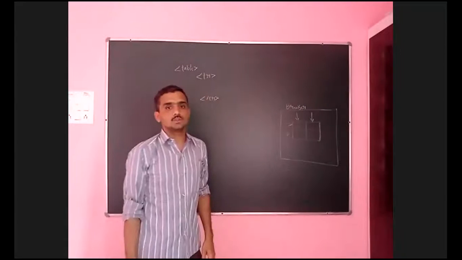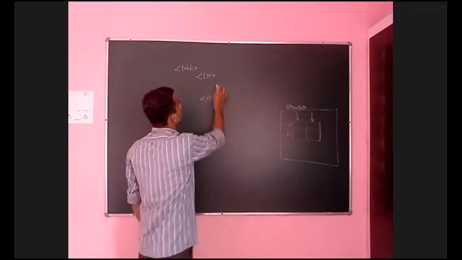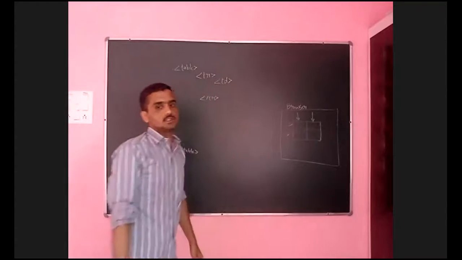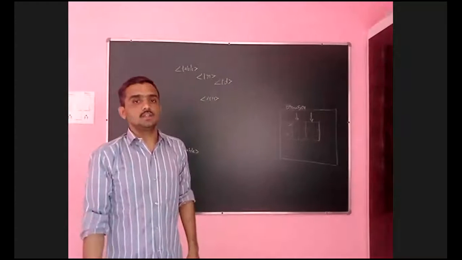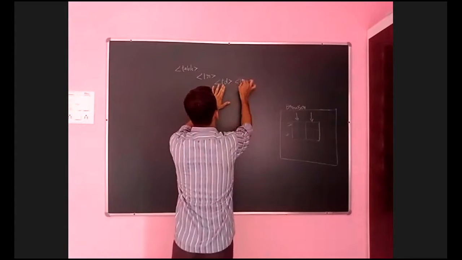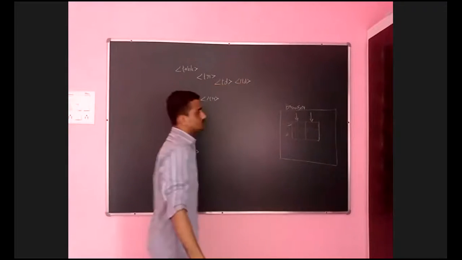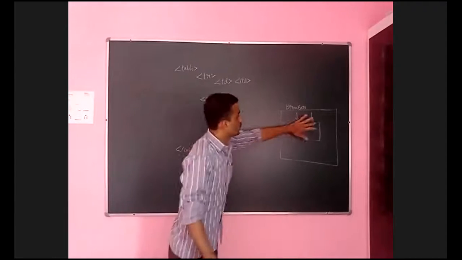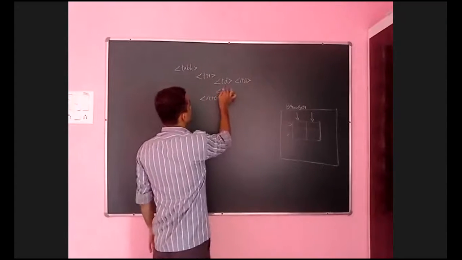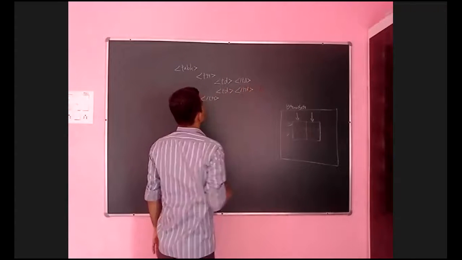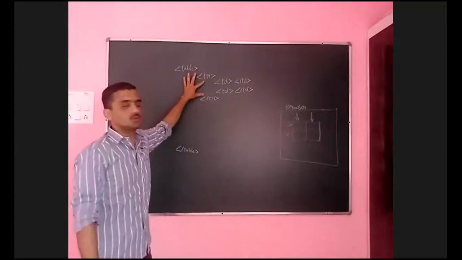Columns can be designed by using the tag called TD. It is called table data. For this also we will have a starting tag and an ending tag. Next, in the first row we have 2 columns, so we have to use 2 TD tags. So this is the completion of the first row.